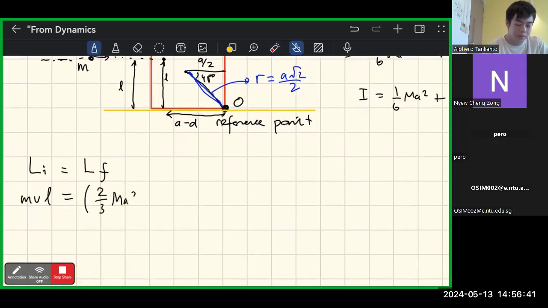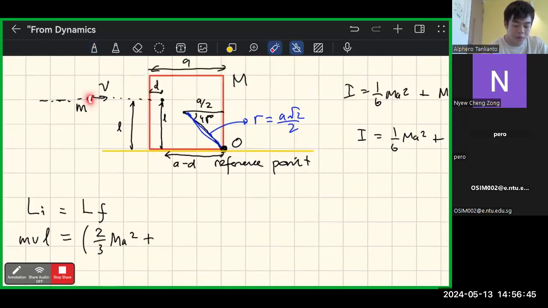So the moment of inertia with respect to point O is the moment of inertia of the block, which is 2 over 3 ma squared, added by the moment of inertia of the point mass here, which is m times r squared. R is new r, let's do it in orange, r squared equals L squared added by a minus d squared.